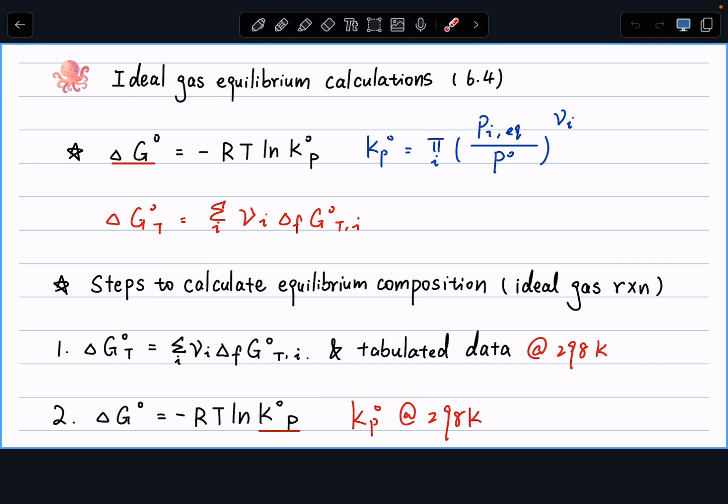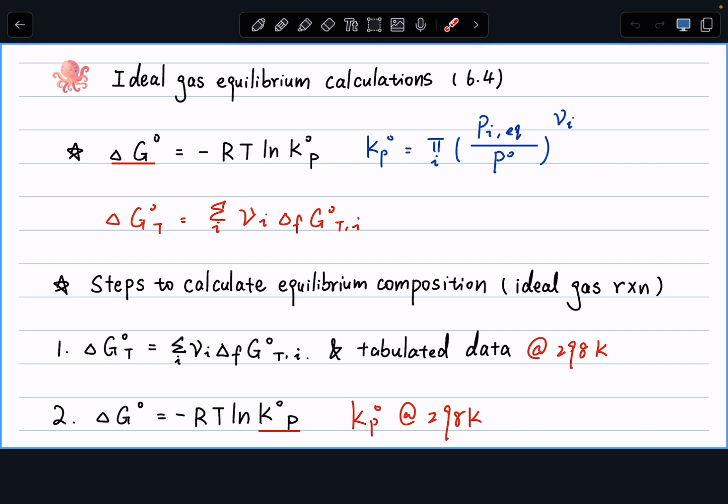So let's go over the typical process you should be thinking about when setting up a problem related to ideal gas equilibrium calculation. First of all, these are the equations that are generally true that you can use. The first one is delta G naught equals negative RT ln Kp. This one is generally true for any ideal gas reactions we care about.